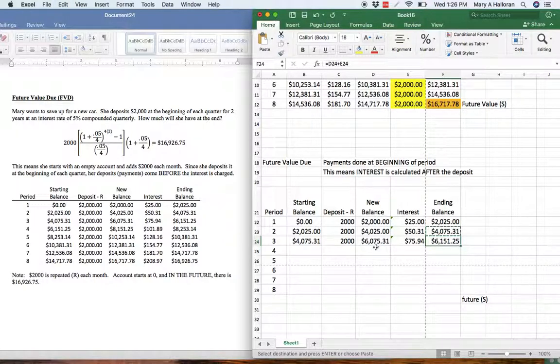So if I add $75.94 to this balance, I've now got $6,151. And so what happens, once again, gets rolled over. I put 2,000 in. I've now got $8,151.25.